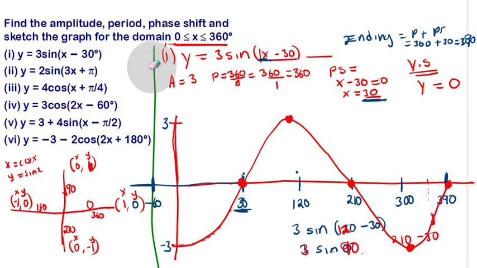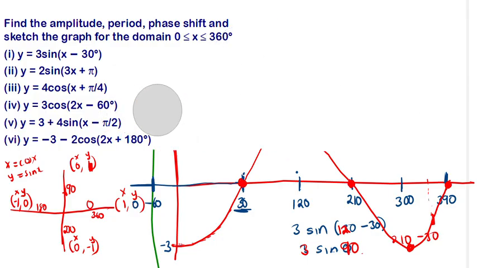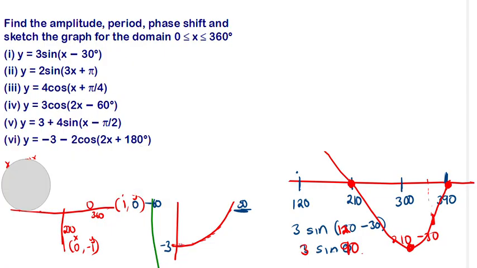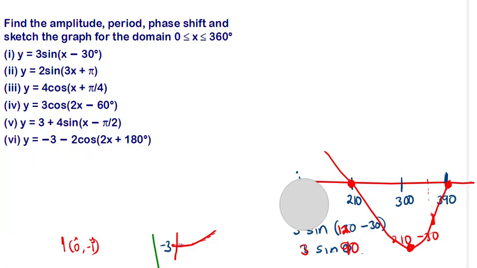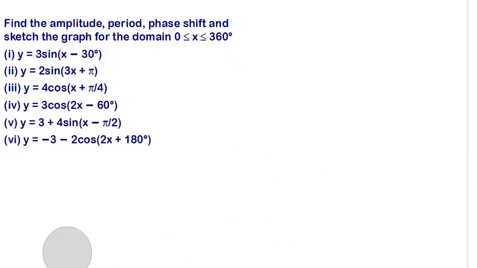Okay, now let's go to the second one, but not the rest. The second one. So on the second one, you have been given y is equal to 2 sine (3x plus pi).